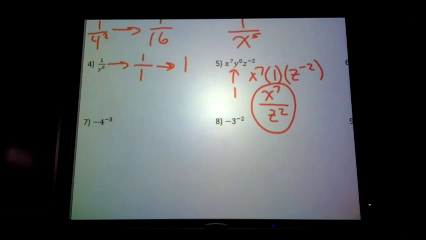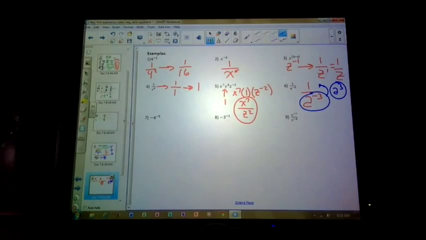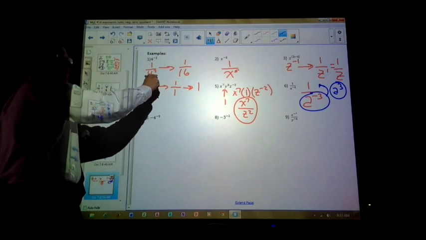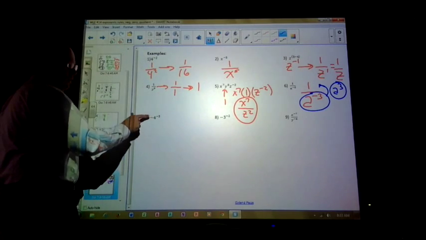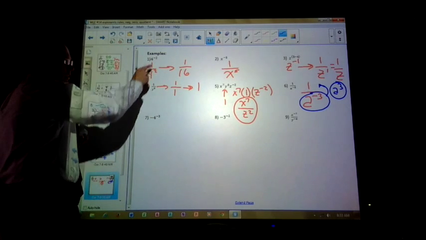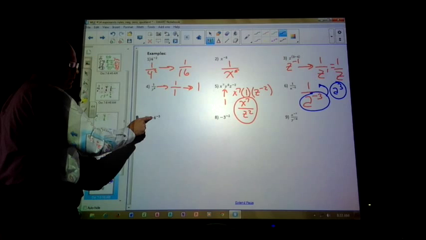So, yep, it is negative 4 to the negative 3. Well, we're not multiplying because that's an exponent, right? So let's take a look at some of the things we looked at up here. If I had 4 to the negative 2, that became 1 over 4 to the second, so it moved down. So if there wasn't a negative right there, what would you feel would happen to this problem? Using that as a guide.